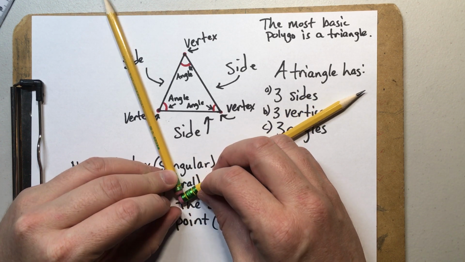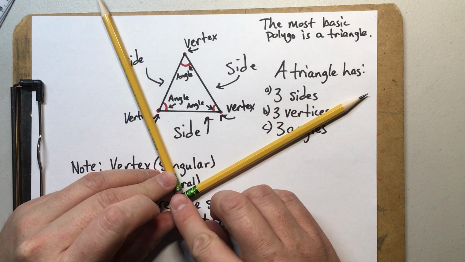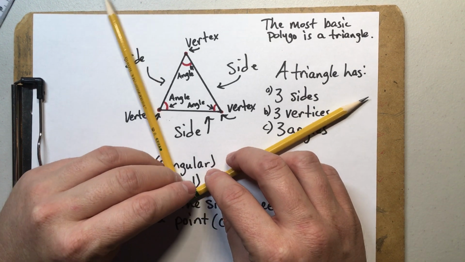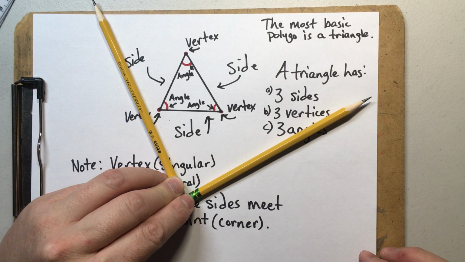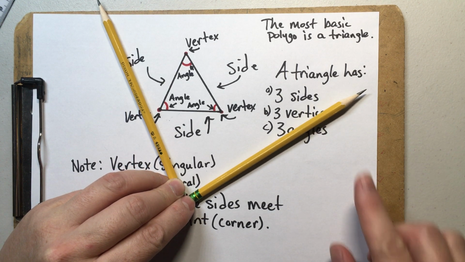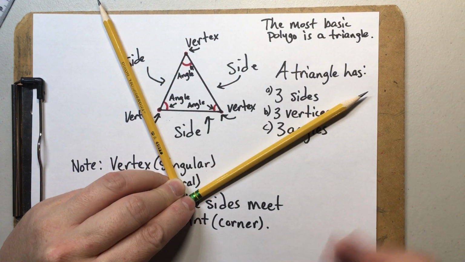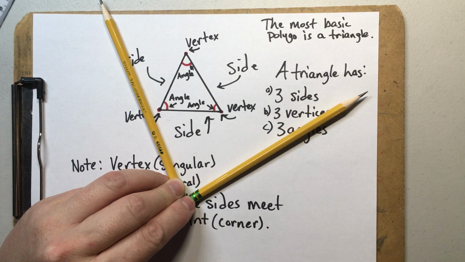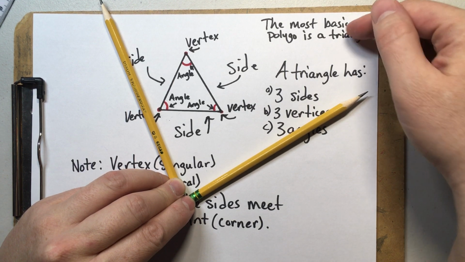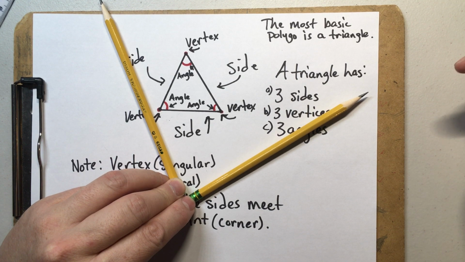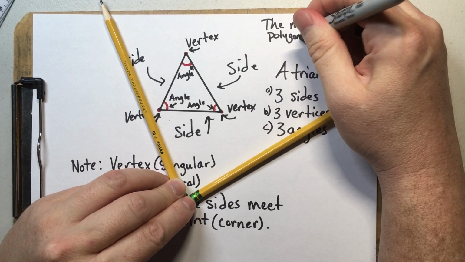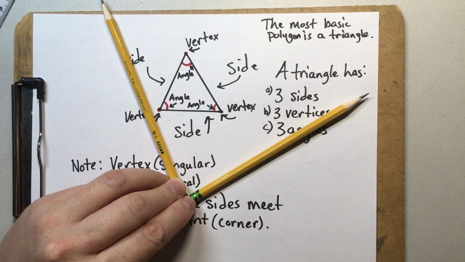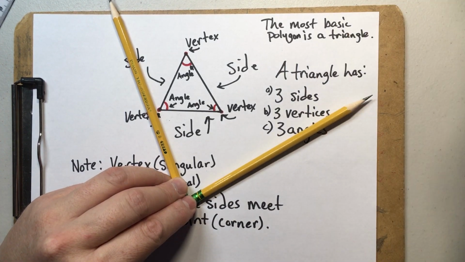We're going to imagine that the vertex here comes together. Notice this is not a polygon. It's only two sides. I would need a third side in order to make a shape that's a polygon. That's why a triangle is the most basic one, because you're going to need a third pencil to make a triangle.